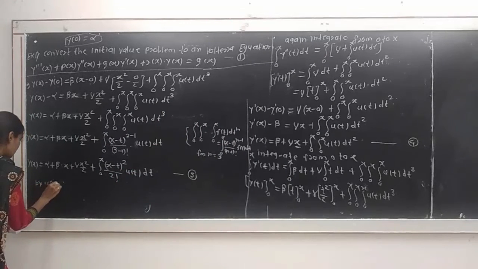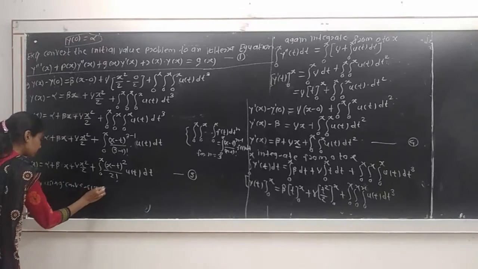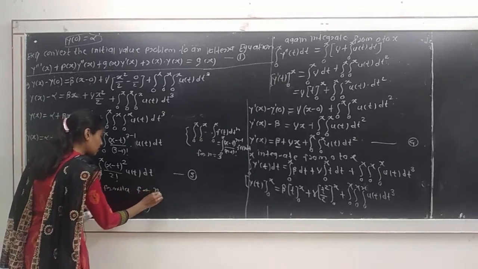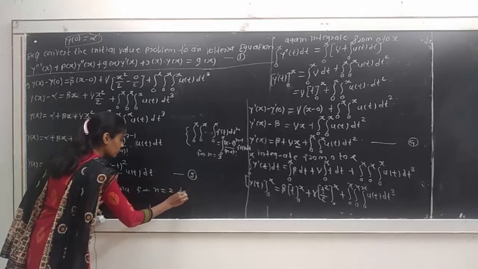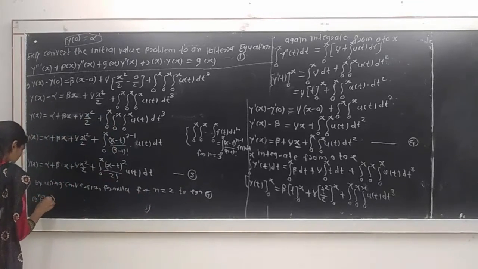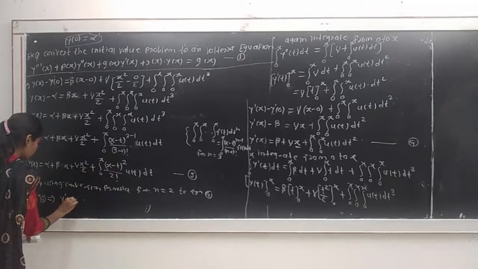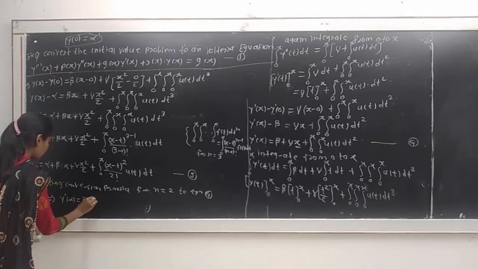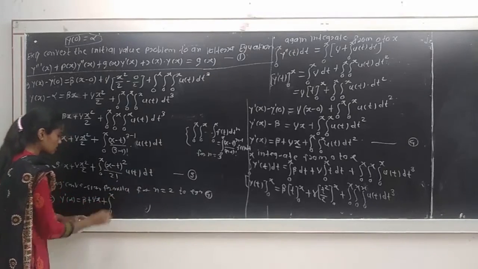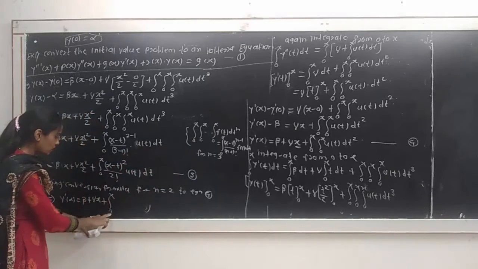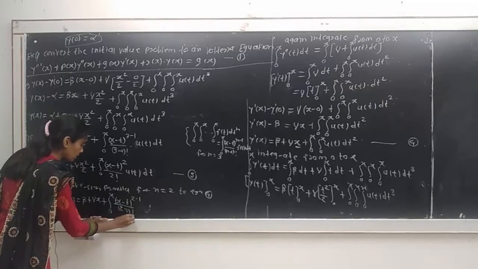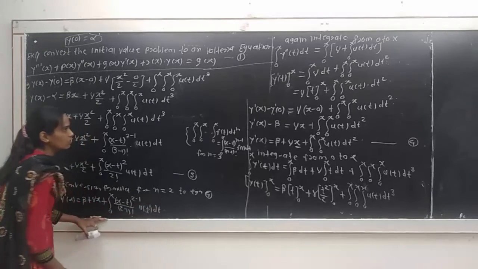By using the conversion formula for n is equal to 2, equation number 4 becomes y dash of x is equal to beta plus gamma x plus integration from 0 to x of (x minus t) raised to 2 minus 1 divided by 2 minus 1 factorial into u of t dt.